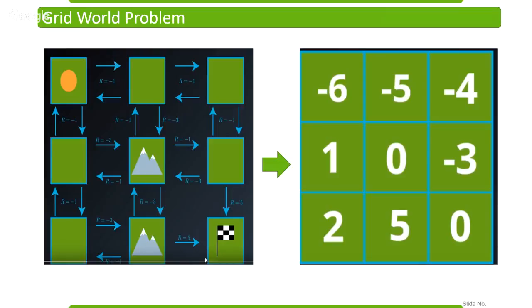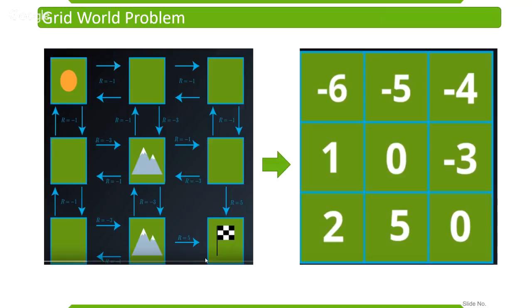If the agent moves downward, it gets a reward of -1. If it moves again to the right, it gets a reward of -1. Basically, the agent will always get a negative reward if it does not reach its goal, and the amount of negativity for that reward varies.